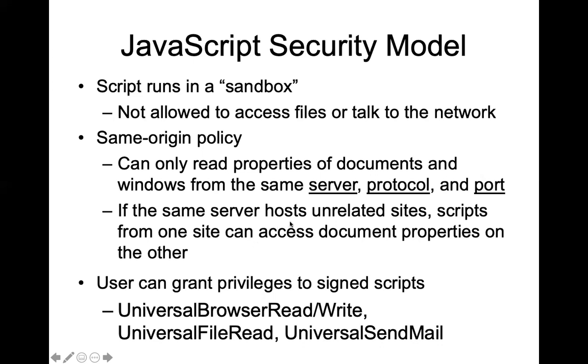So the same server hosts unrelated sites. The scripts from one site can in fact access document properties on the other. In other words, if you have a website called www.google.com/mail, it can also access, for example, the contents of another frame displayed within the same web browser with www.google.com/maps.